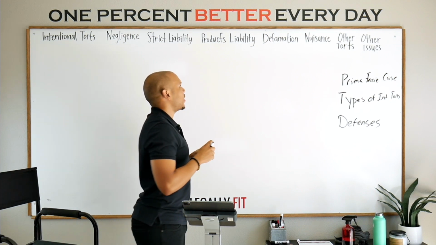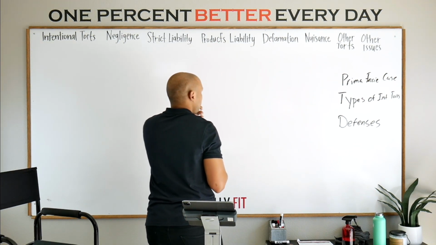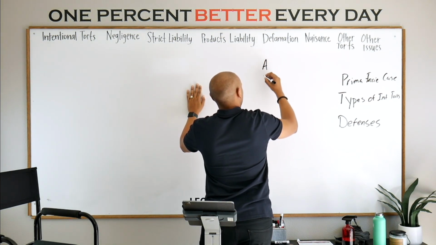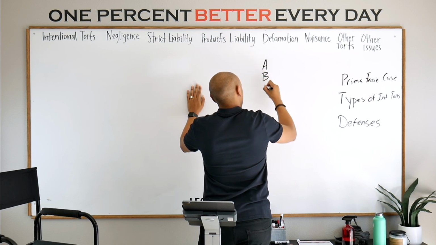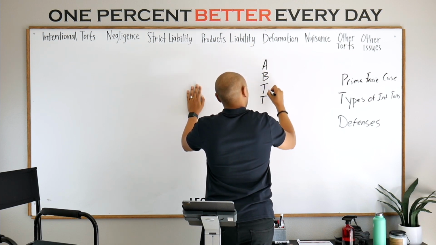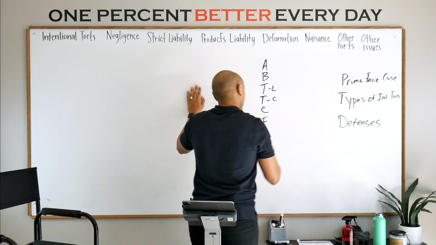So, Charles, can you go ahead and list out all of them from the blueprint for me, please? Sure. Assault, battery, trespass to land, trespass to chattel, conversion, false imprisonment, intentional infliction of emotional distress.